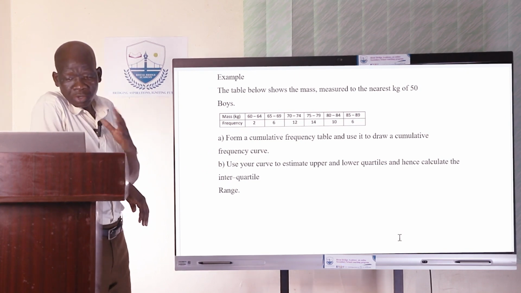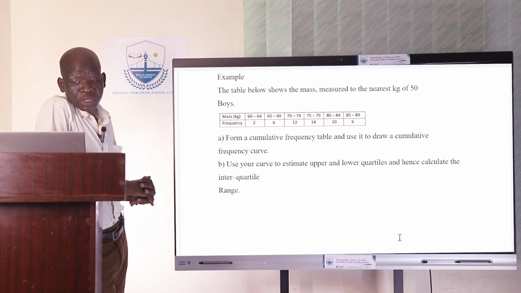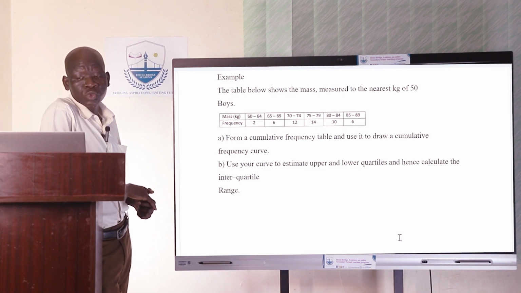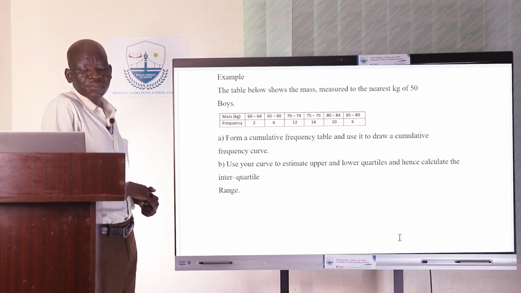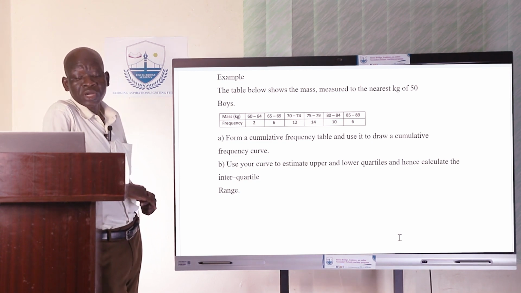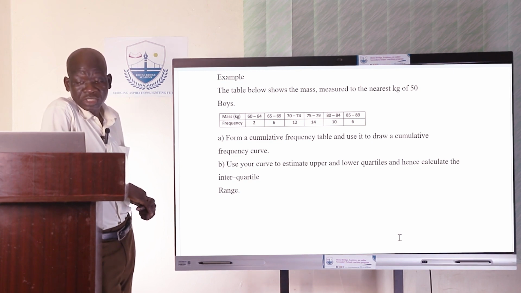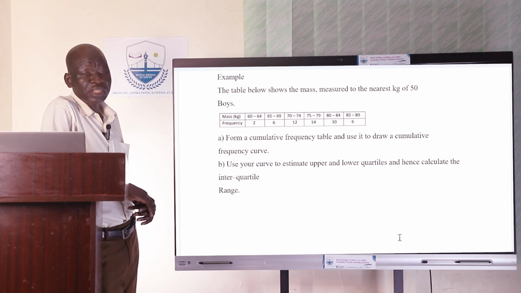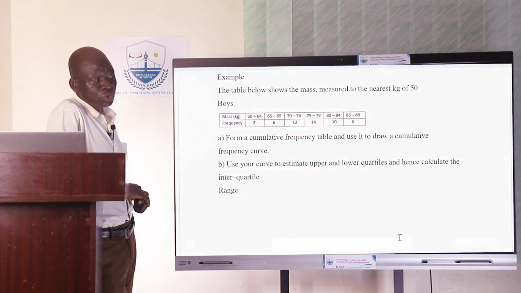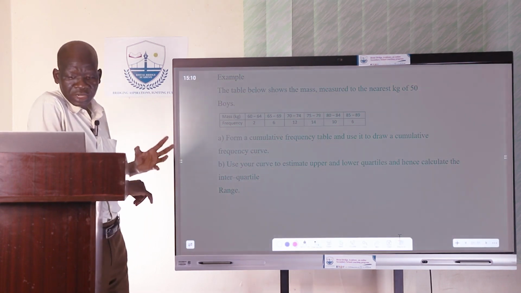Here is the table of values. The question says, form a cumulative frequency table and use it to draw a cumulative frequency curve. Then part B, use your curve to estimate the upper and the lower quartiles and hence calculate the interquartile range.